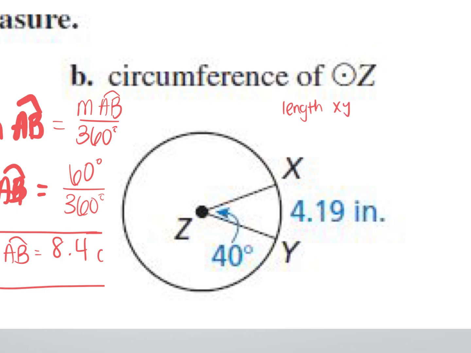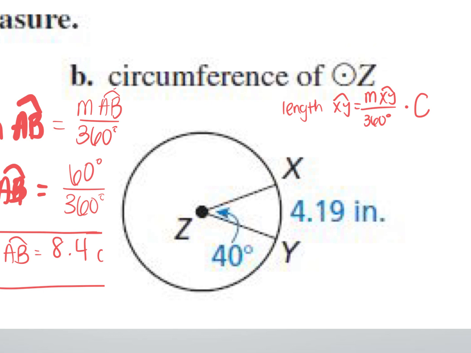XY equals the measure of that same arc XY over what? 360 degrees times what? 2 pi r. Instead of 2 pi r, let's use C.